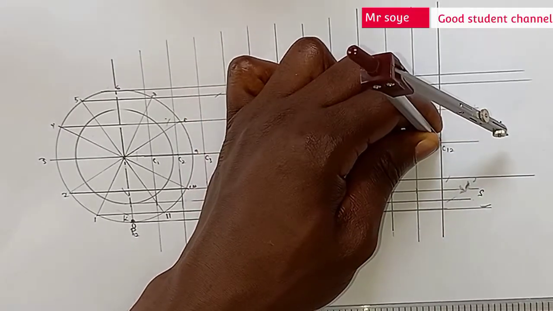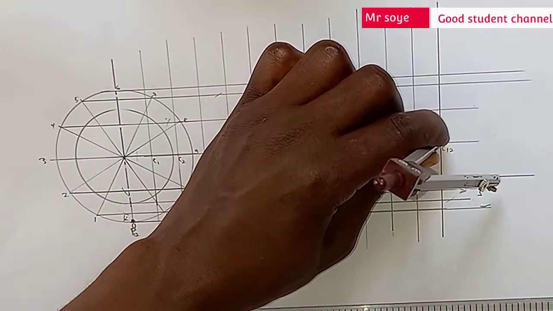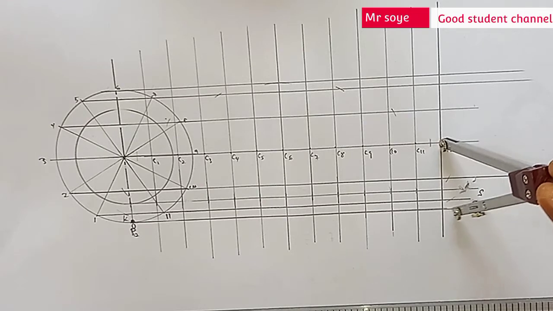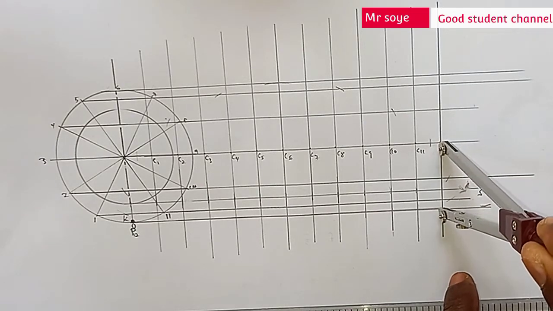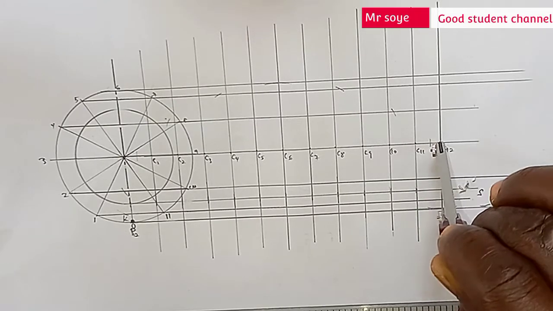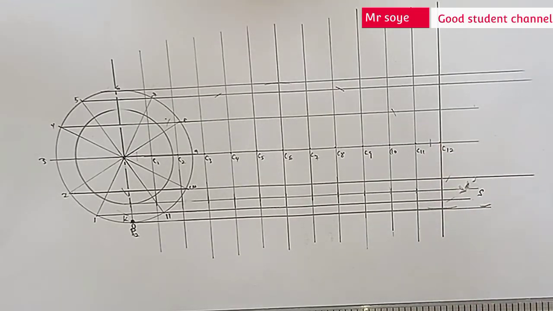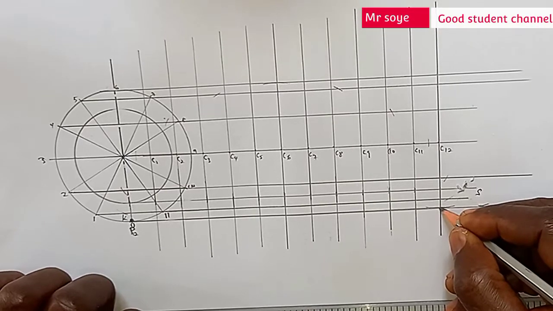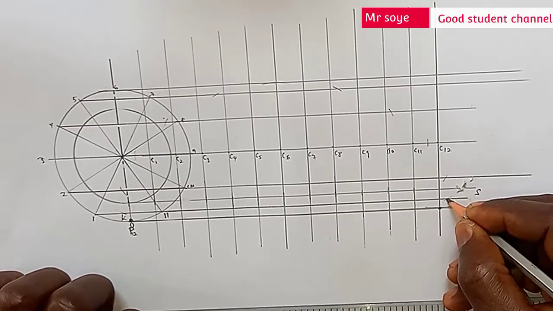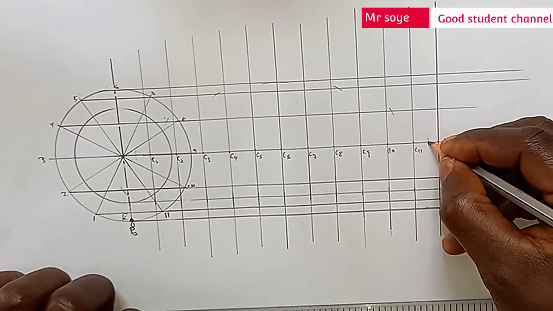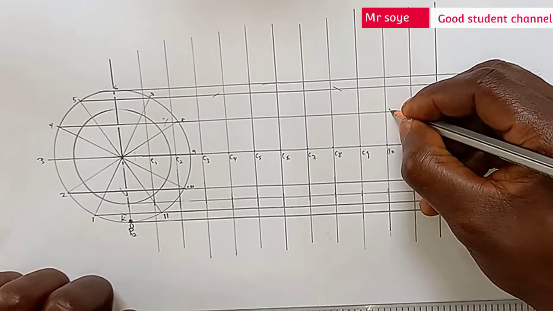Okay, 12 now is coming to this point. Can you see? It's coming to 0. So at this point now, you pick those points where it's touching the horizontal, touching it here, here, here, here.